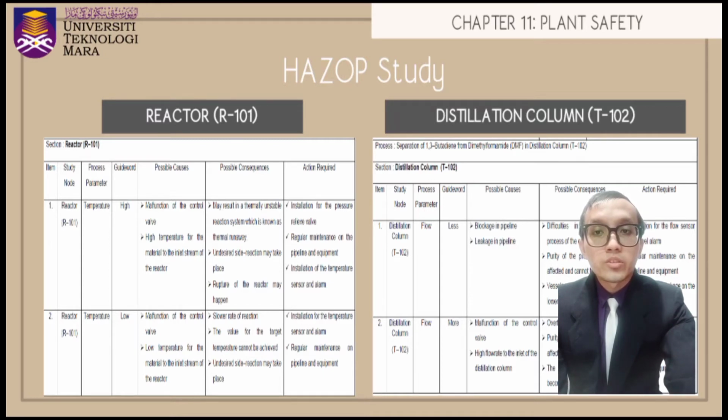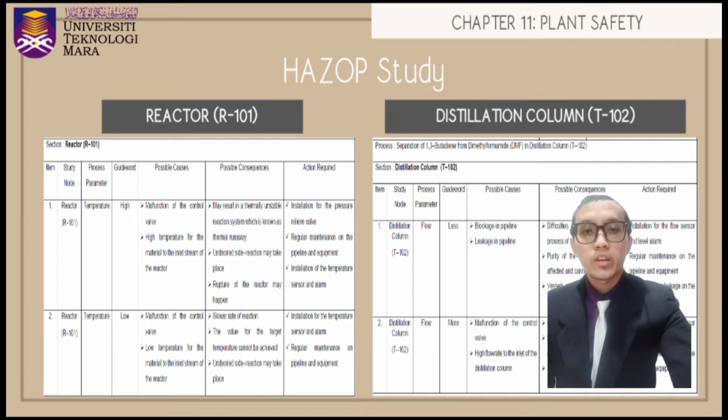The study of hazards on the major equipment will be focusing on the reactor R101 and the distillation column T102. For reactor R101, deviations for the process parameters such as temperature may happen. A high temperature of the reactor may result in a thermally unstable reaction system known as reaction runaway, the occurrence of undesired reactions, and it may also result in the rupture of the reactor.